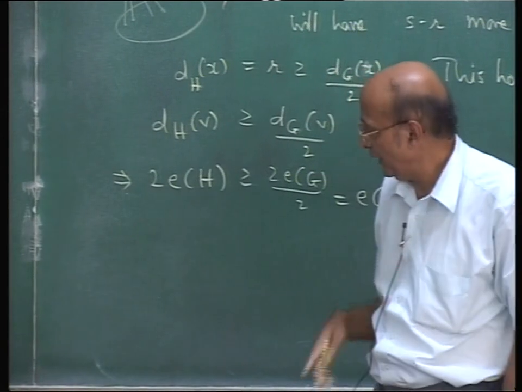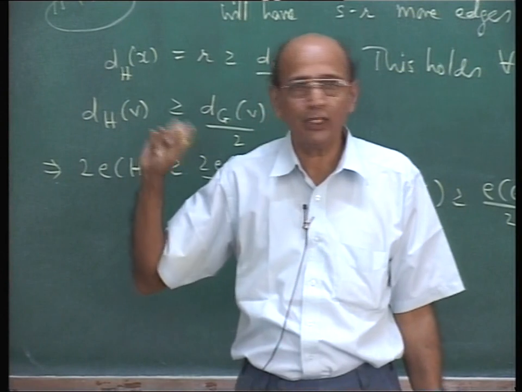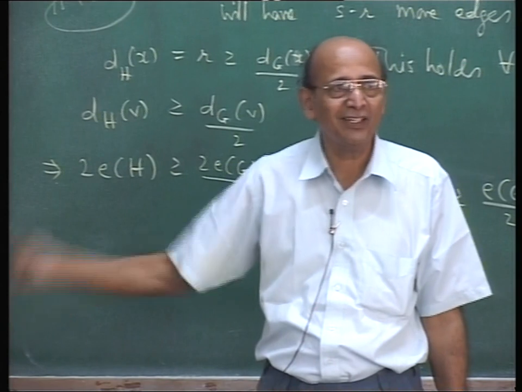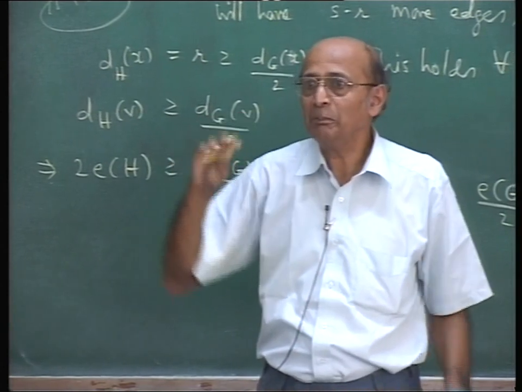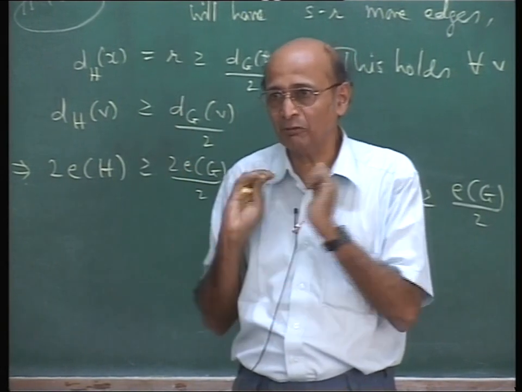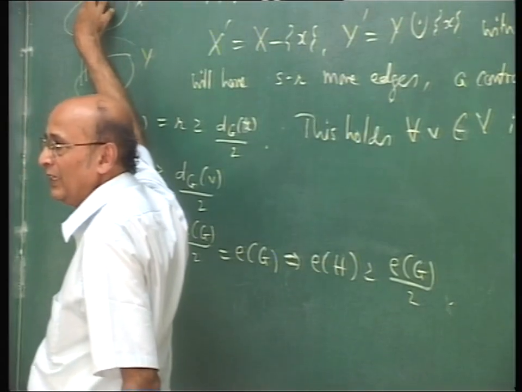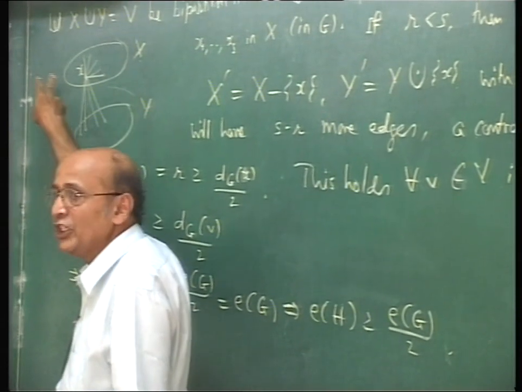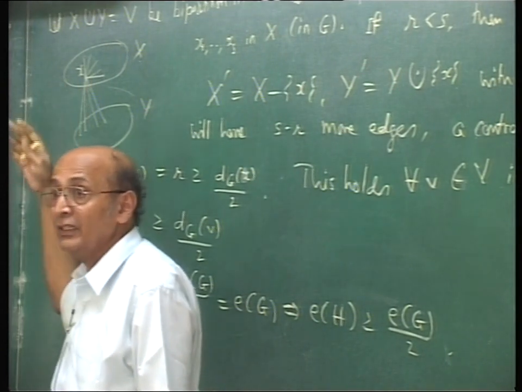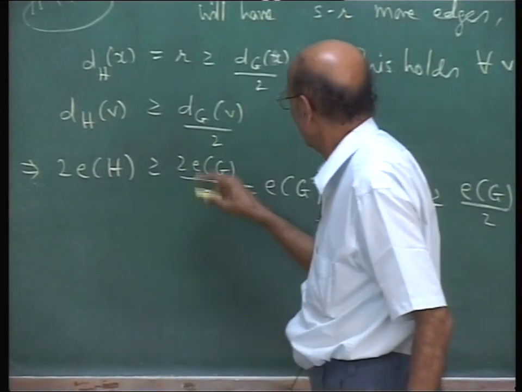The way I have written this proof is by contradiction. This could have been written differently, in a constructive manner. What does that mean? Begin with a bipartition, V as the disjoint union of X and Y. If x is adjacent to more vertices in its own part than in the other, then shift x to the other part. You will have to keep doing this repeatedly, eventually reaching a situation where this is satisfied.